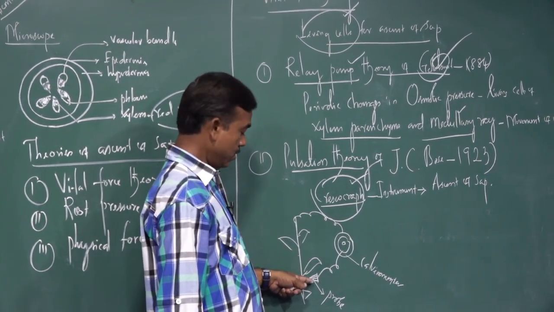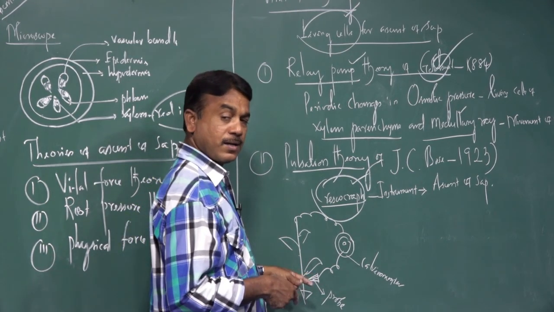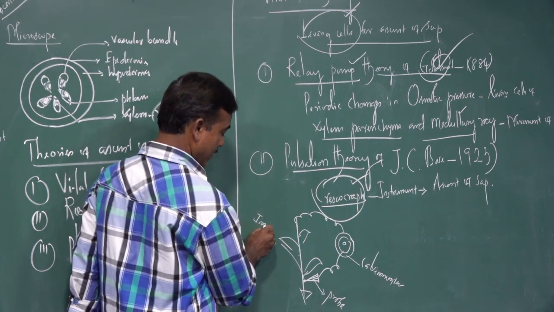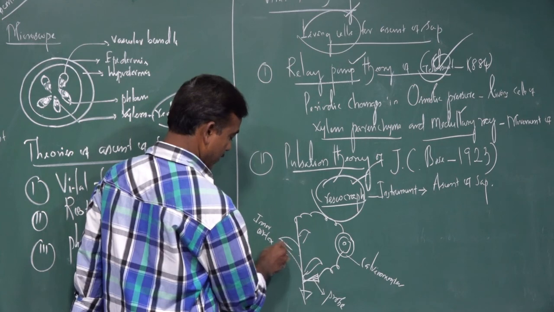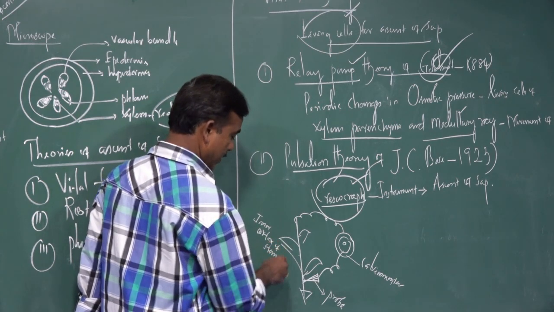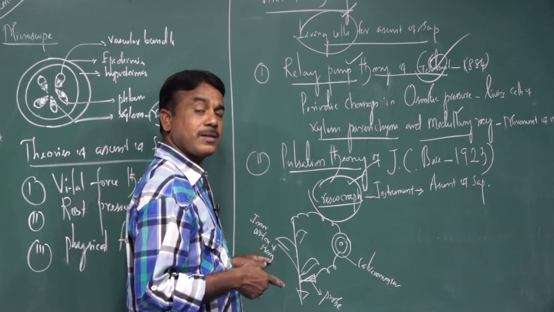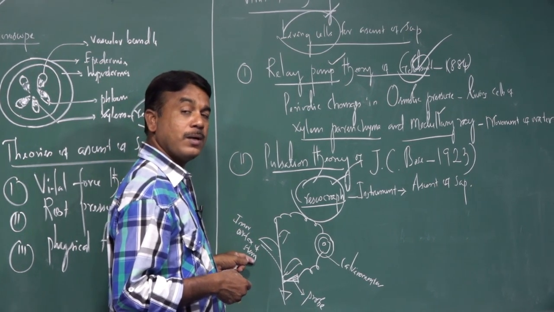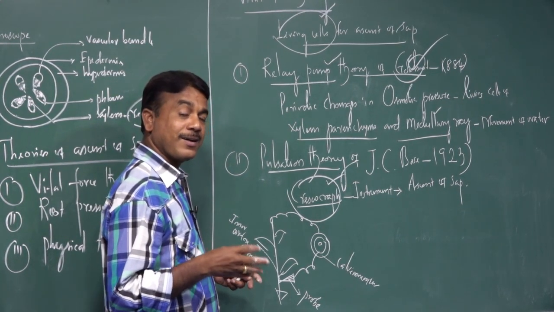When the probe is inserted into the inner cortex of the stem, some rhythmic pulsation occurs.